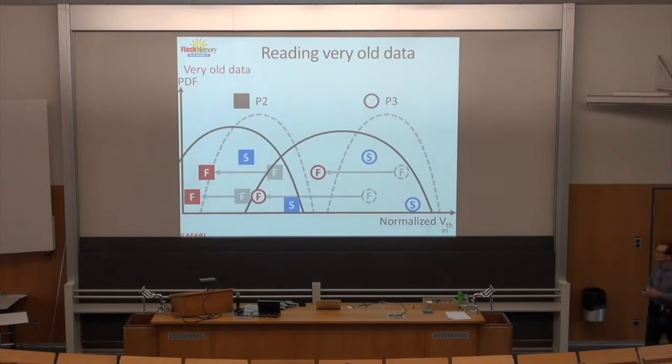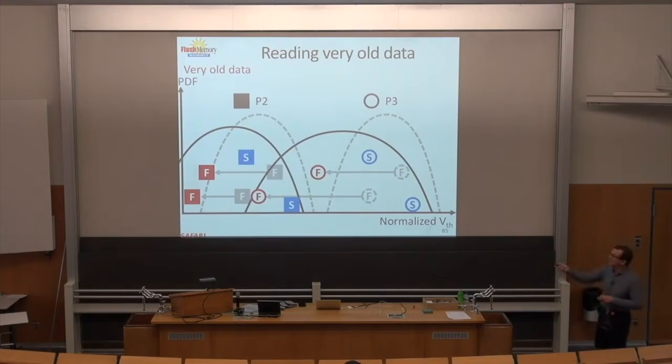As a result, this fast leaking cell that originally belonged to P3 is now read as belonging to P2. And this slow leaking cell that originally belonged to P2 is now read as belonging to P3.